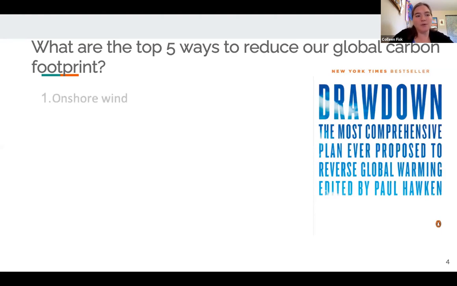And so the number 1 is onshore wind. So reducing carbon, the biggest way to do that is transition our fossil fuels, and some of that should be transitioned to wind. Health and education, right? We're all educators here. So education is a big piece of that.